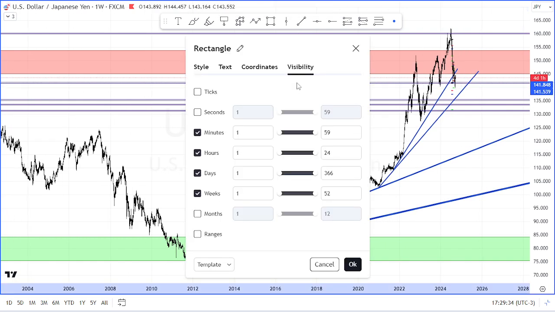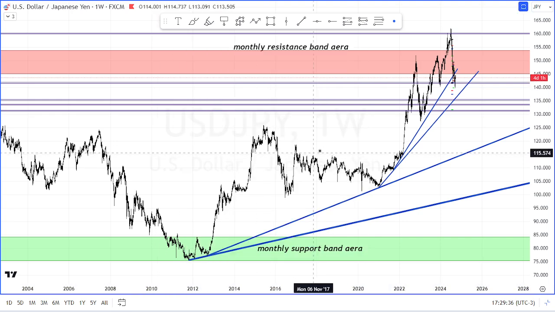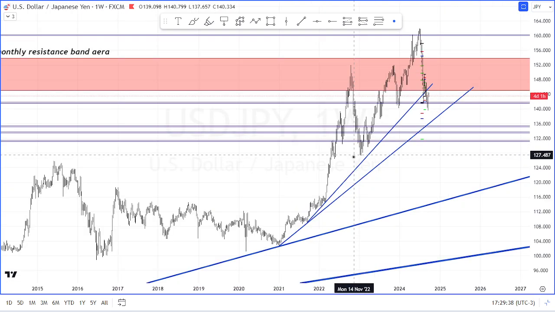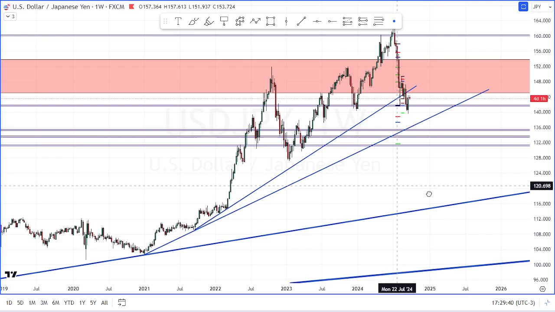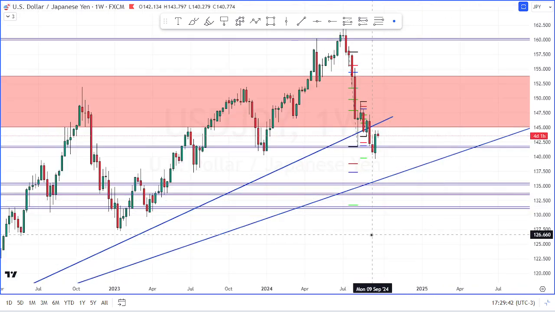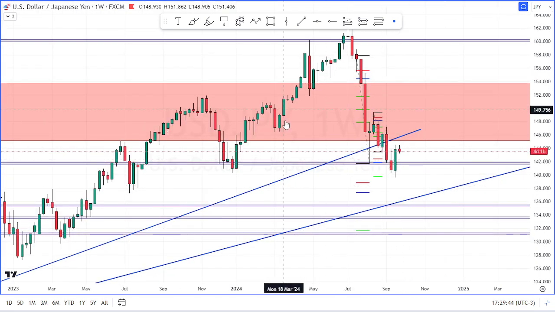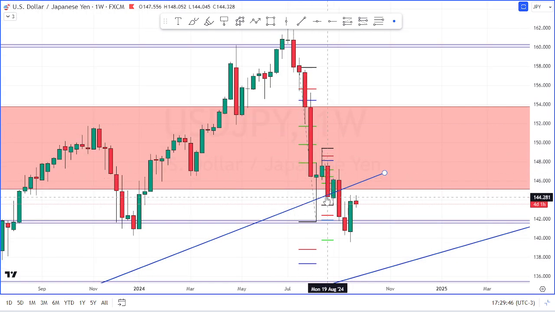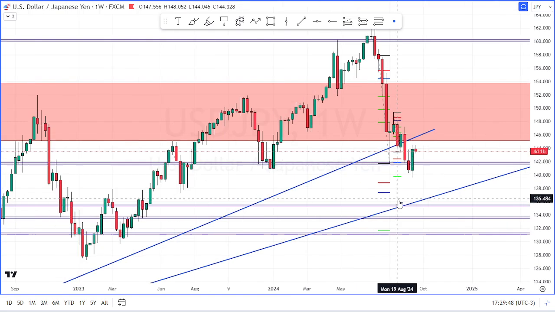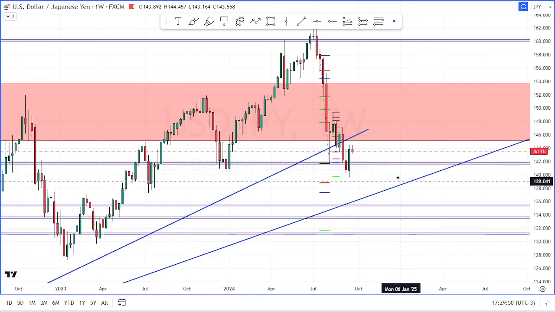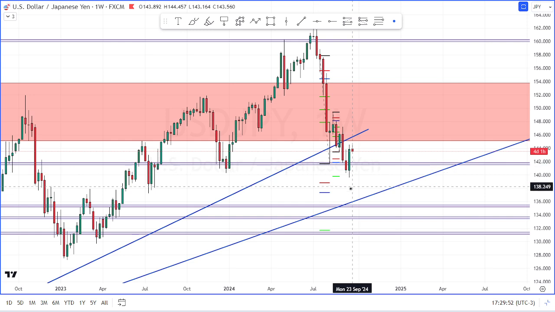This is the weekly time frame. Right now, this is the trend line we have. The market here broke this aggressive trend line. Seven times out of 10, the market is going to gravitate towards this next level, because once the market breaks the first trend line, it will gravitate to the next trend line area.